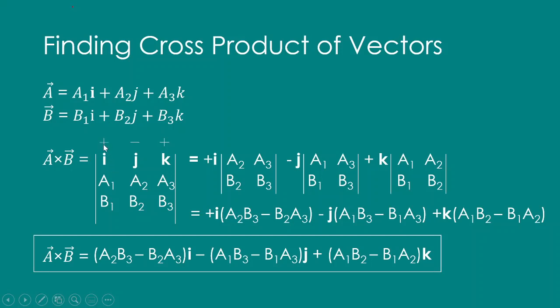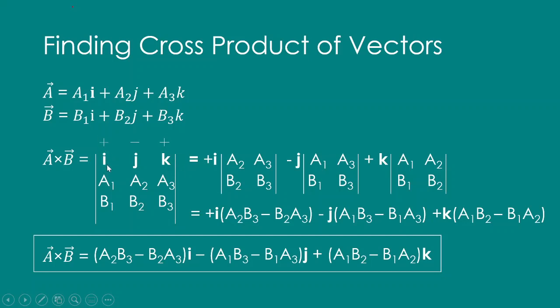For i, positive, negative, positive, so it alternates: positive, negative, positive. What we are doing here is actually the calculation of the determinant of the 3 by 3 matrix, and if you don't know what that is, let's not worry too much about it right now. To calculate the determinant of a 3 by 3 matrix, we write the sign notation and then the unit vector first.